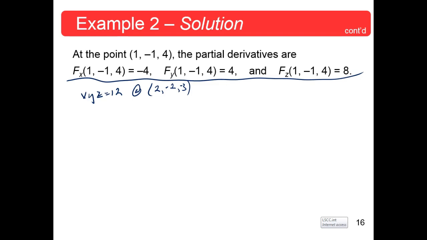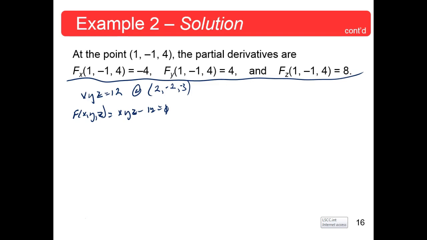Okay? Now, we want to make sure this is in the form of f. So your capital F as a function of x, y, and z is going to be xyz minus 12 is equal to 0. Okay? Now, what are we going to do next? Hint, the gradient provides a convenient way to find the equations of the normal line.